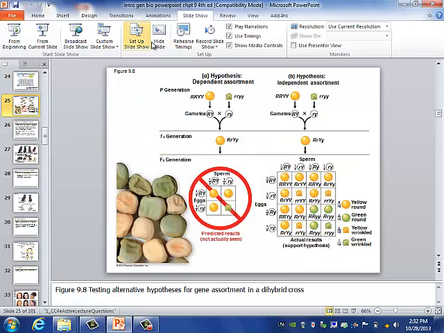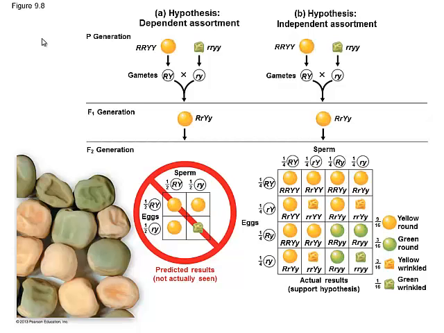Here's another way to look at it. So if it was dependent assortment, that means they sorted together. This would be the outcome. Is that the outcome? Yeah, no. This is the outcome. So these are the actual results.